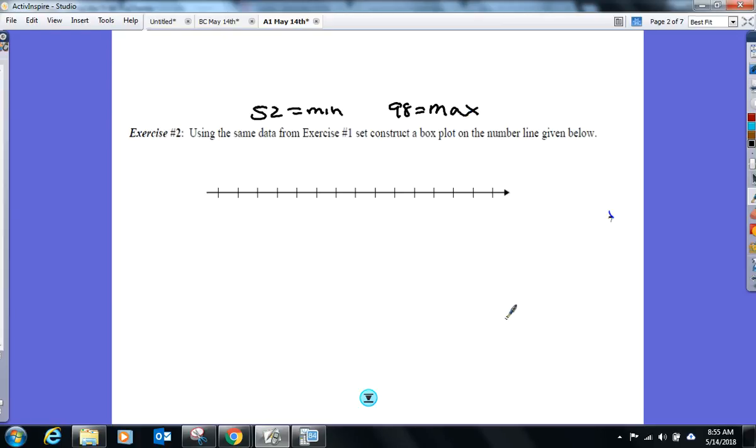Go right ahead. I'm going to let you do this one on your own because you're going to have to do it tonight. I'm not going to tell you what it is. And there is no right or wrong answer. Well, there is a wrong answer if you don't have 52 and 98 somewhere in there. Figure out what you want to go by. Just make sure in that range, 52 and 98 is in there somewhere. And write the numbers right underneath for me.